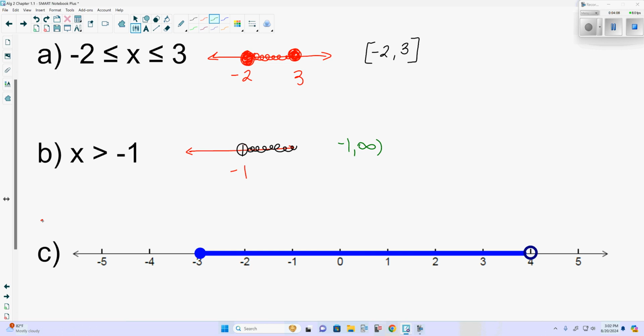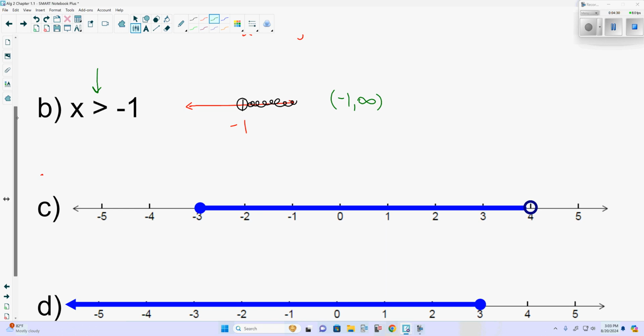Now is -1 included? No. It's not shaded in, it's not included, so it would be a parenthesis. Because when we look at our inequality sign, if it doesn't have the equal to, it's going to be an open circle or just a parenthesis. Question on either one of these here?